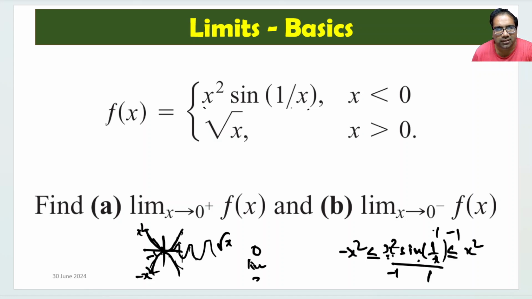Limit of x square as x tends to 0 and limit of minus x square as x tends to 0, both are 0. So the limit of this function f of x when x tends to 0 minus is actually 0.